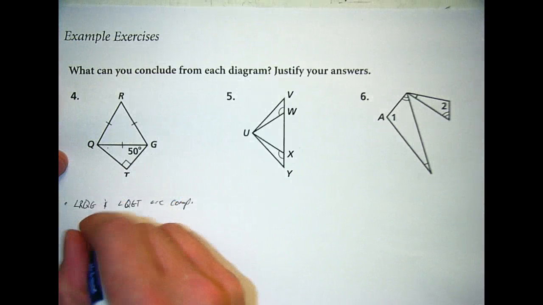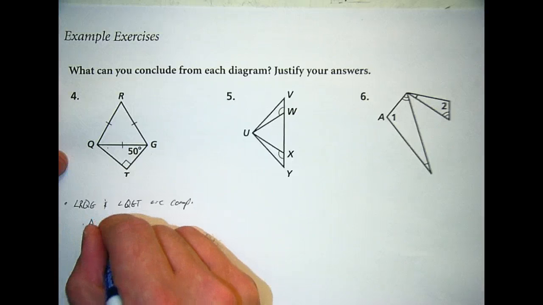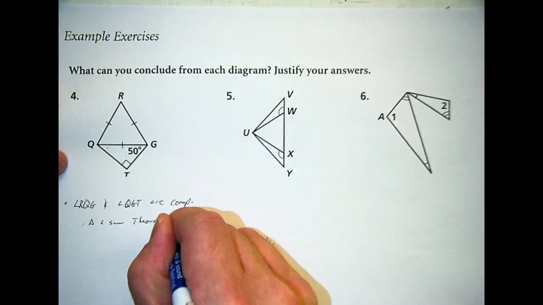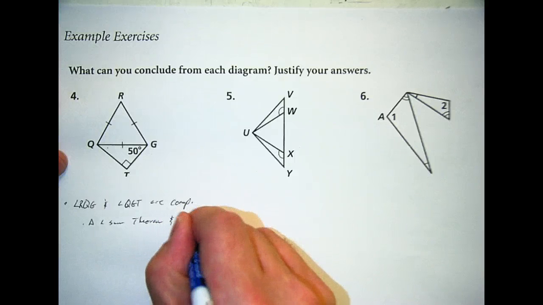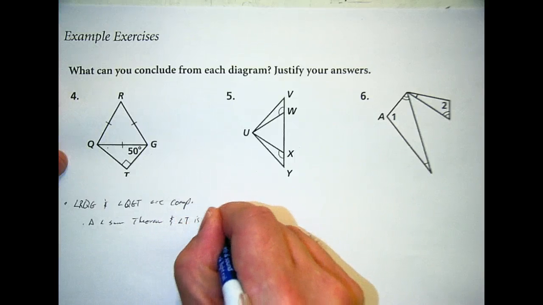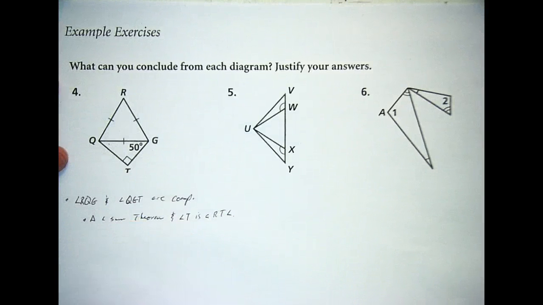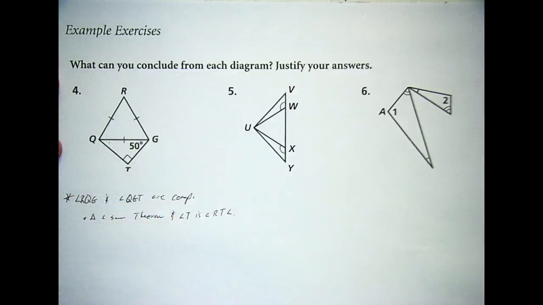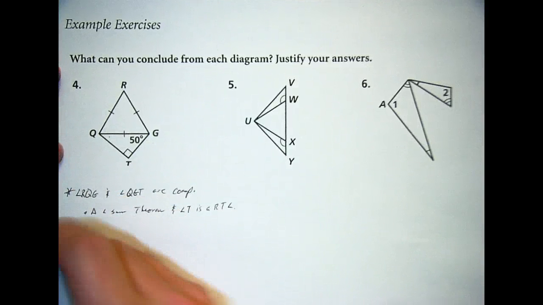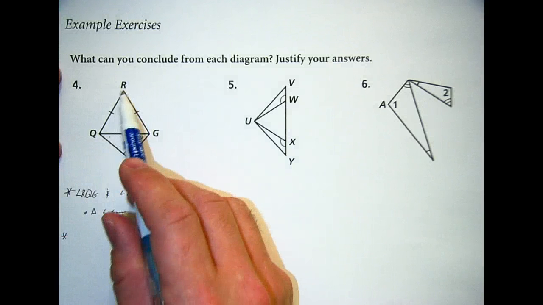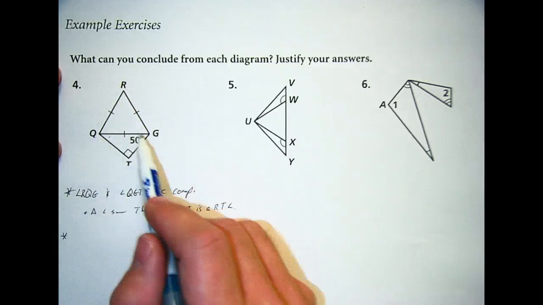Because of the triangle involved in the theorem. And angle T is a right angle, so you'd have to add that piece in. Angle T is a right angle with the triangle angle sum. Good. What else? Haley.